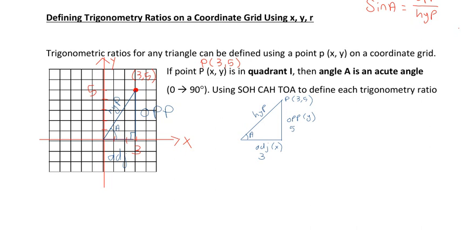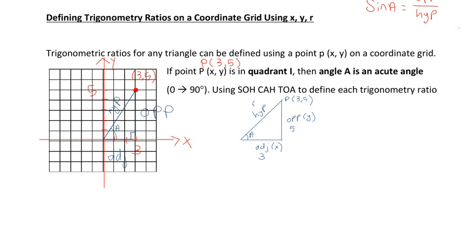The reason why they call the hypotenuse r is because, technically speaking, what we're trying to do is draw a circle where the origin is the center, and then you can draw a circle that passes through this point. So this becomes the radius of your circle. That's why they call it r.